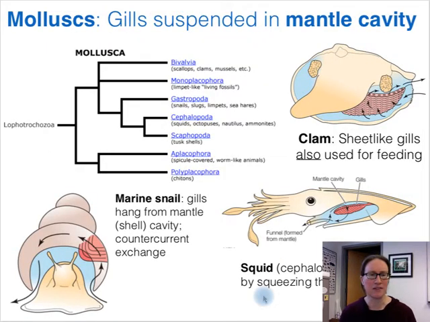For the mollusks, mollusks are really distinguished by having a mantle cavity, a cavity that protects their organs, and collectively they have gills that are suspended in that mantle cavity. The structure and organization of those gills vary, and how water is moved across the gills also varies.